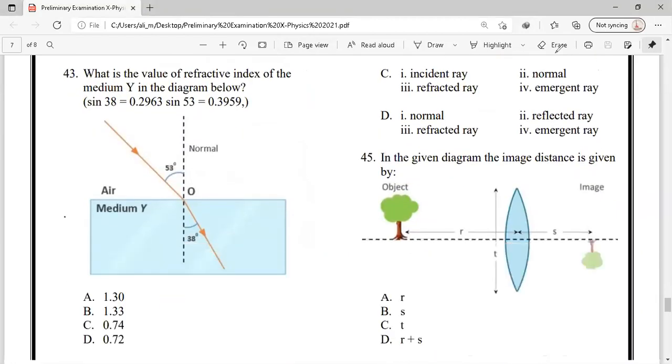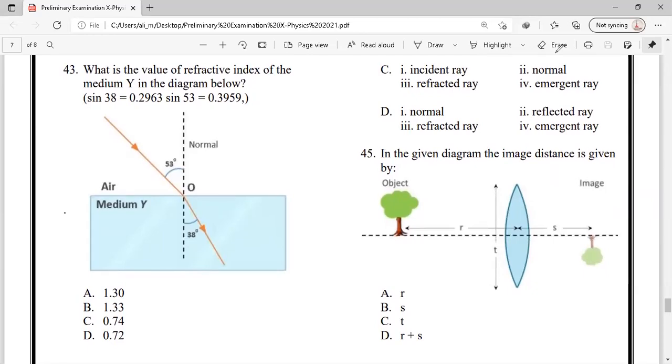Let's see question number 43. What is the value of refractive index of the medium Y in the given diagram below? The value of refractive index is equal to sine of I divided by sine of R. The value of I is 53, so sine 53 divided by sine of 38.